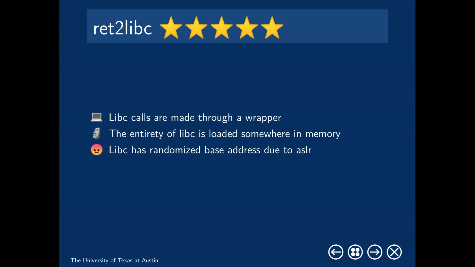you call a libc function, there's a weird wrapper in the binary that is used to call the function. Because of this weird wrapper and because of performance issues, it has been decided that the entirety of libc is loaded somewhere into memory, and the address of libc is randomized due to ASLR, but the whole of libc is in memory.